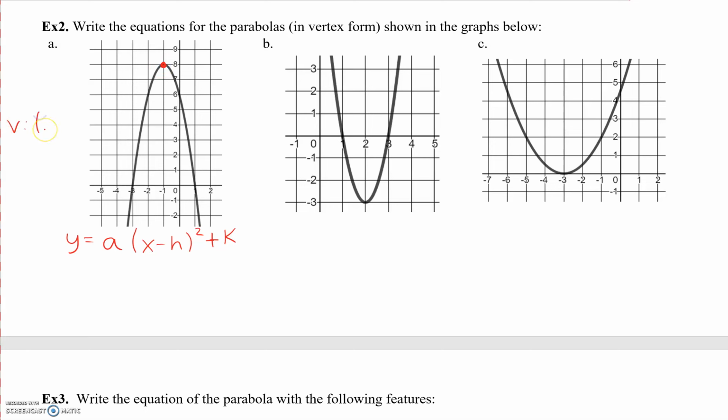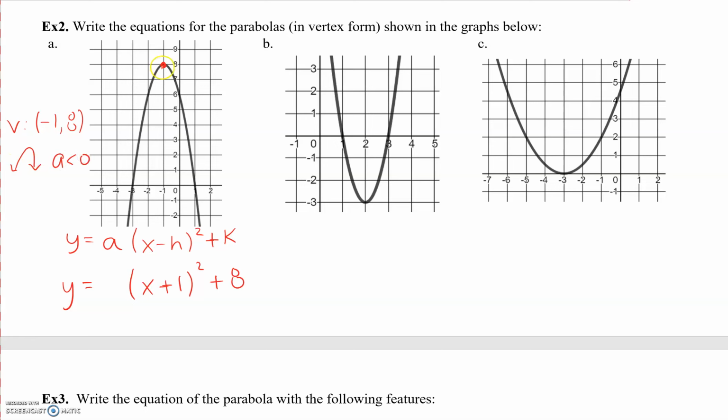I'm going to make a little note. It's at the coordinate point -1, 8. So I know that when I'm filling this thing in, I can go ahead and write x plus 1 squared plus 8. If I want to figure out what my vertical dilation is, that's where I go back and look at the spacings of the points. The first thing I see is that because this parabola is downward facing, I know that A had to be negative.